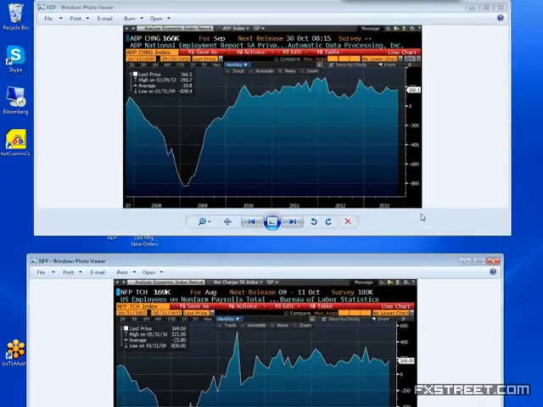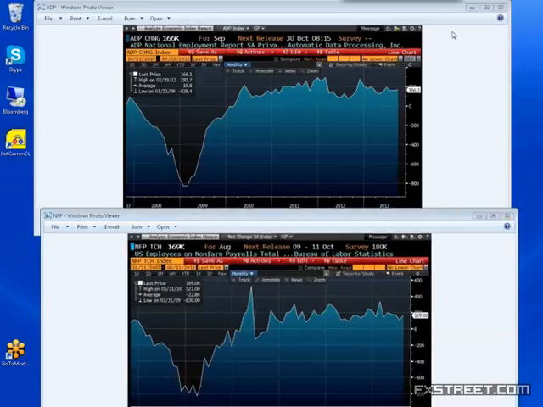Okay, so let's look at these two charts. Does anything look familiar here? The charts, they're not identical, but they're very similar. Both charts give you exactly the same type of information about the economy.